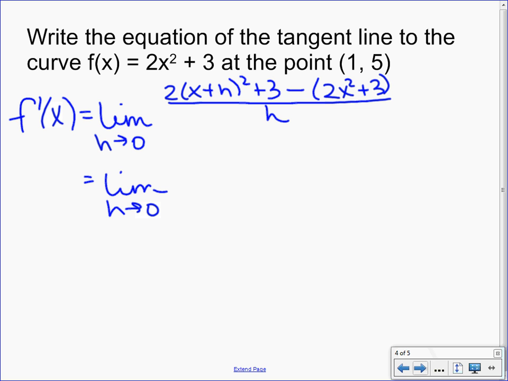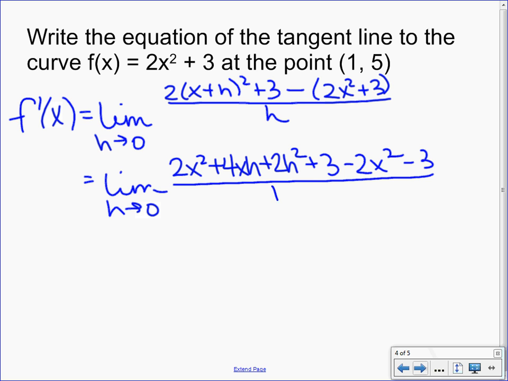Multiplied by 2 would become 2x squared plus 4xh plus 2h squared, plus 3 minus 2x squared minus 3, all over h. The 2x squareds cancel, and the 3's cancel.